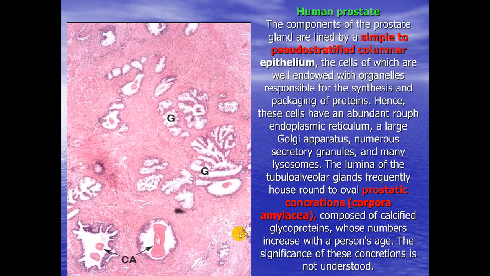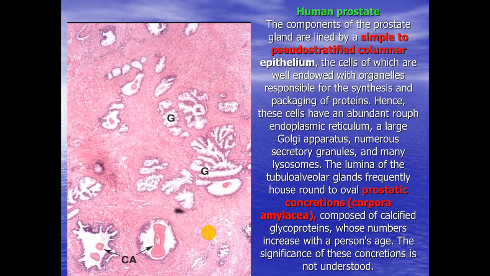Now, it is a larger magnification of a group of glands of the prostate gland. And you can see very clearly the smooth muscle cells around the secretory portions of these glands. Why is it so necessary? These glands don't expel secret all the time.